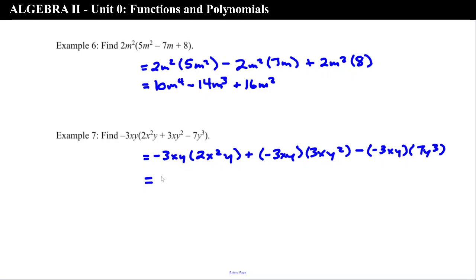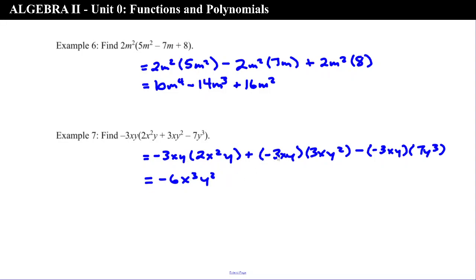Okay, so the first one, we've got negative 6x to the third y squared. So we did our coefficients, gives us negative 6, x times x squared gives us x cubed, y times y gives us y squared.